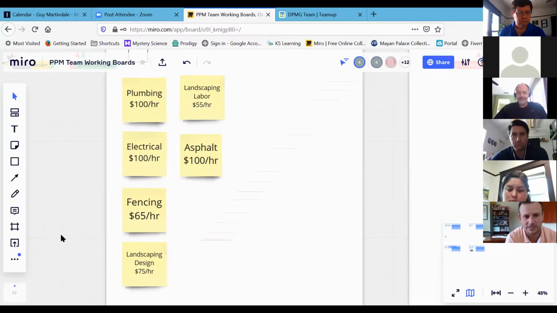So the asphalt, for example, we had a total cost for the whole project plus materials, and of course it's not itemized out by labor and costs for products. But basically, this is what we came up with so far, and then we need to go back through and apply it out to the rest of the board.